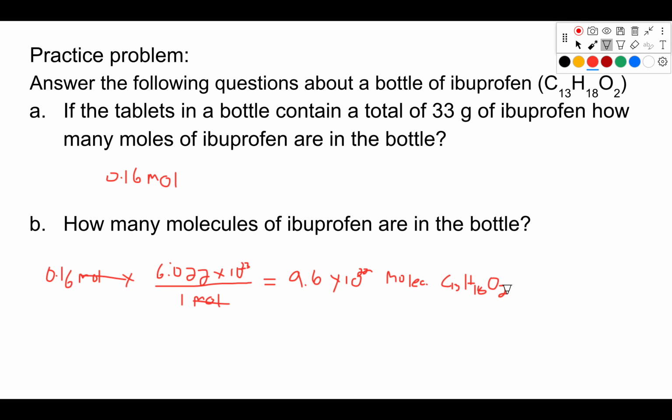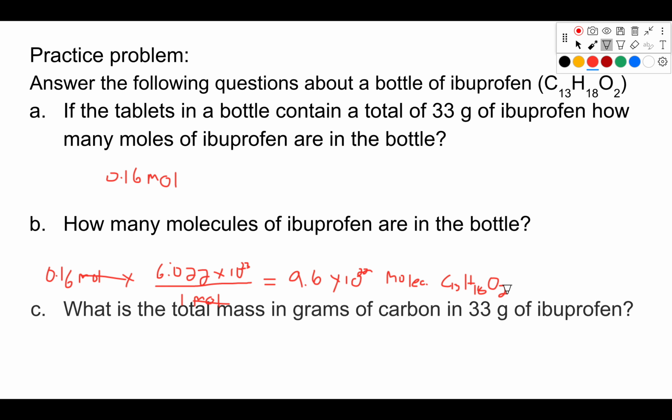All right. The final question that they have is, what is the total mass in grams of carbon in 33 grams of ibuprofen? So we have to go back to our moles number that we had at the beginning. We have 0.16 moles, but it's important to note that this is moles of ibuprofen.